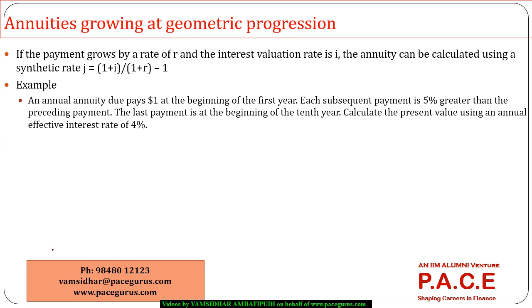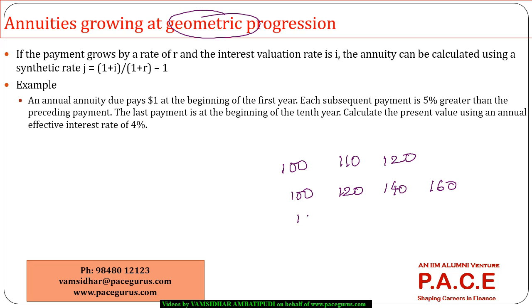Now instead of arithmetically increasing or decreasing, in some cases the annuities might be increasing in a geometric progression. So instead of saying 100, 110, 120, here we are talking about R of 20. If it is increasing by 20, it is 100, 120, 140, 160.